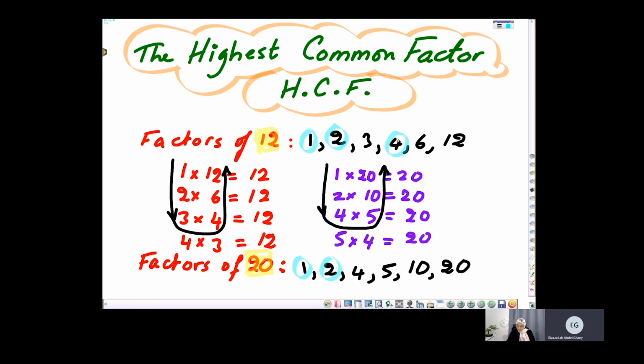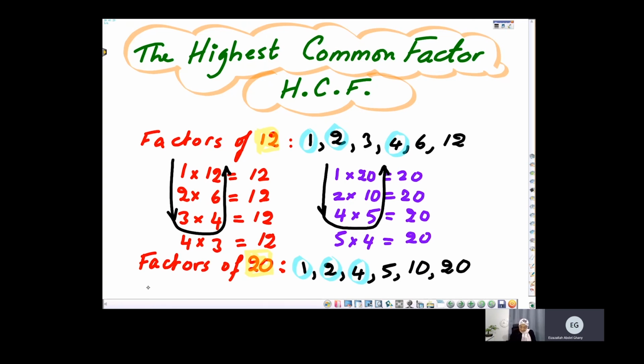No, no, no. 4 is common? Yes. 5? No. 6? No. 10? No. 12? No. Only these are the common factors: 1, 2, and 4. The question is, what is the highest common factor of 12 and 20?